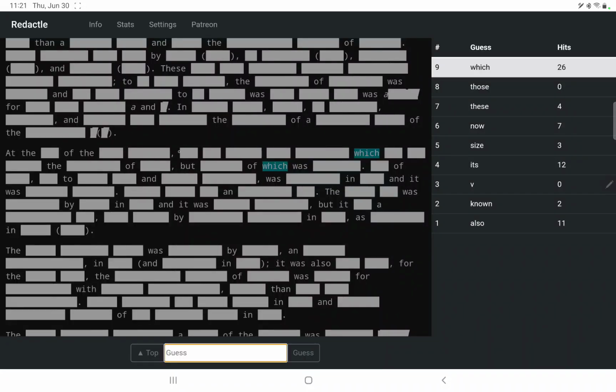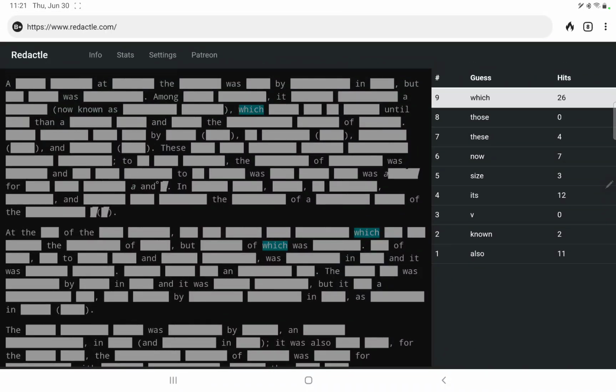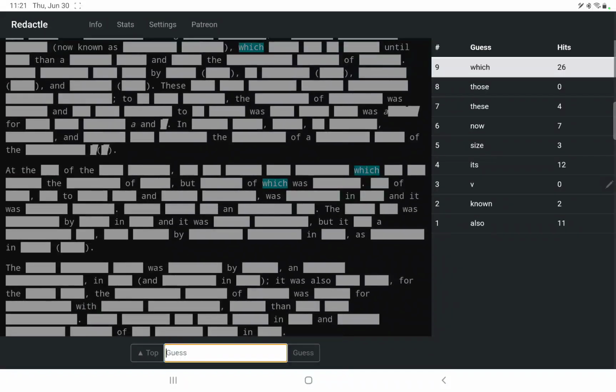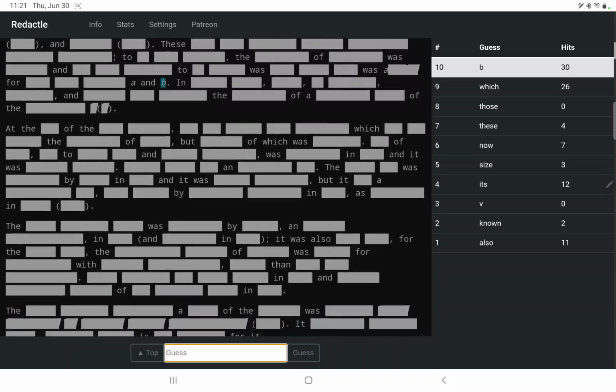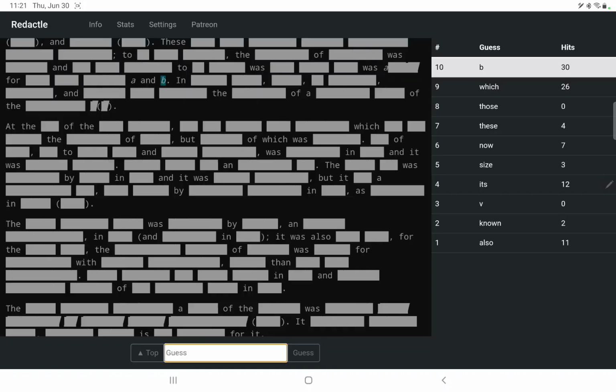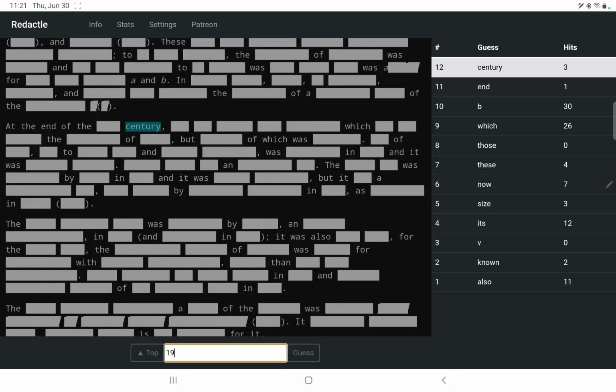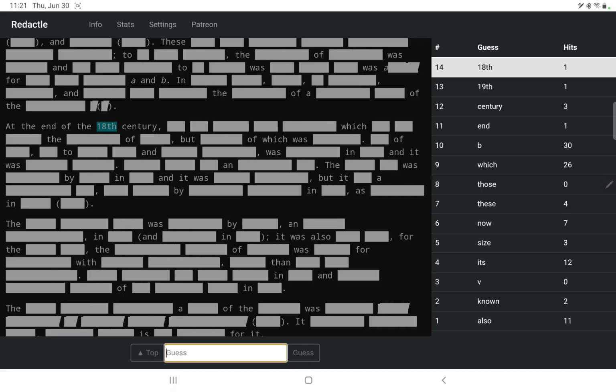And here I see italics A, and then another letter, would that be B? Yeah, A and B. Not that it really helps me. At the end of the something century, 19th? No, 18th.